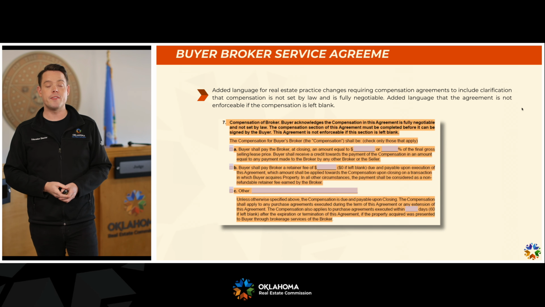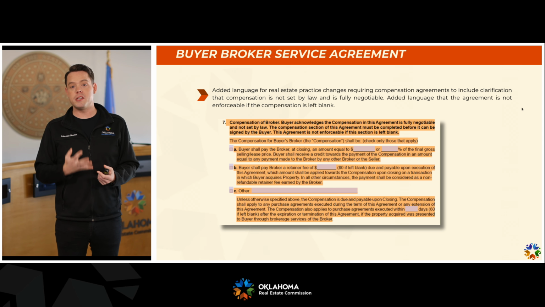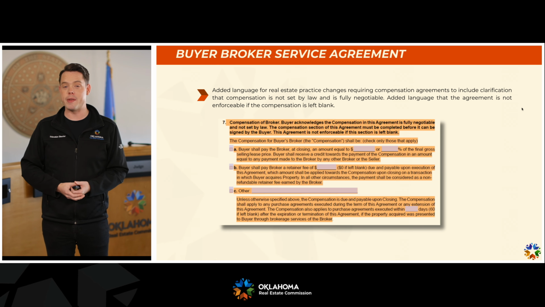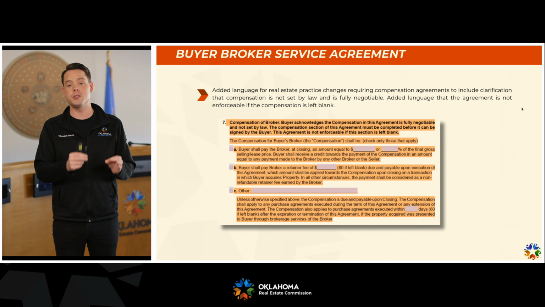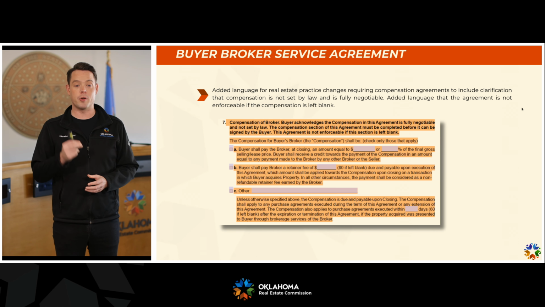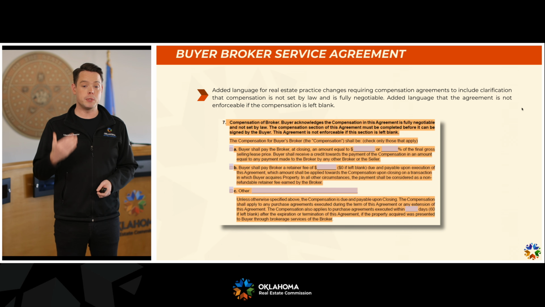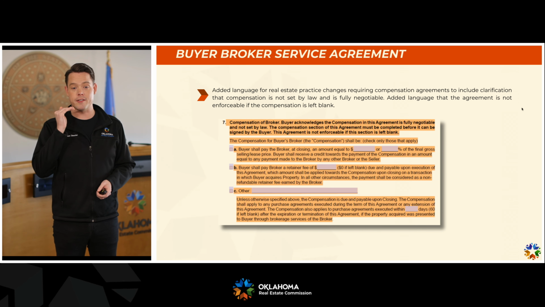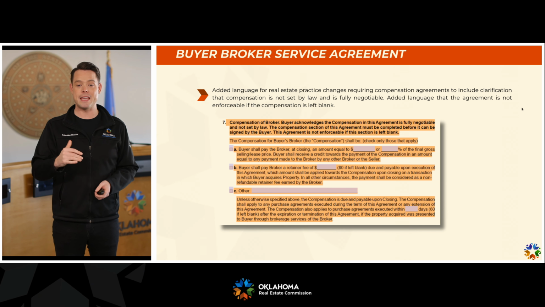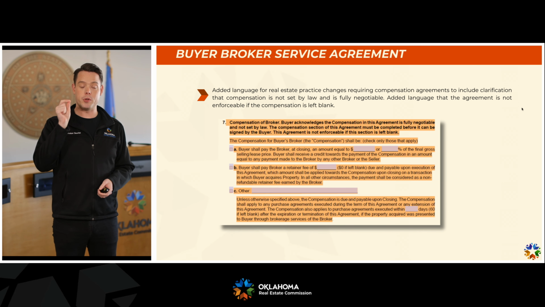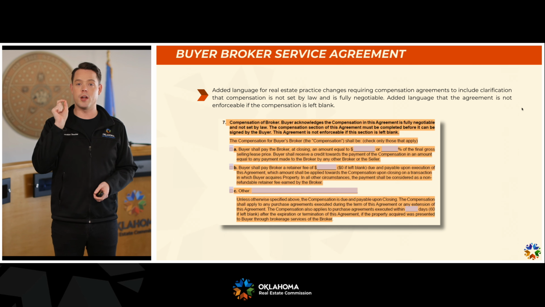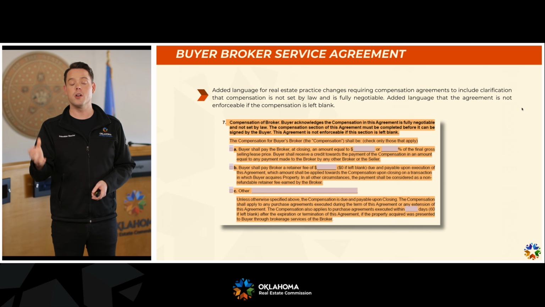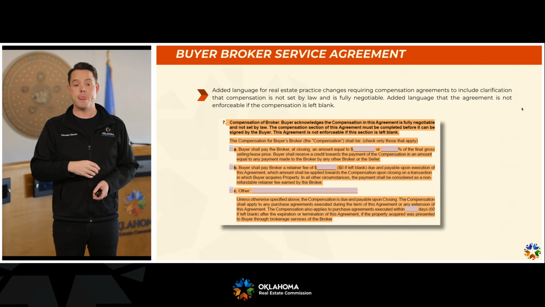Next, paragraph 7. This is where I will recommend that you go and watch our buyer broker agreement video, because we take each one of these paragraphs provision by provision. But what I will tell you is this: there's 3 ways that you can be compensated. Section 7A is where you're putting in either a dollar amount or a percentage that you agree to work for with that buyer.